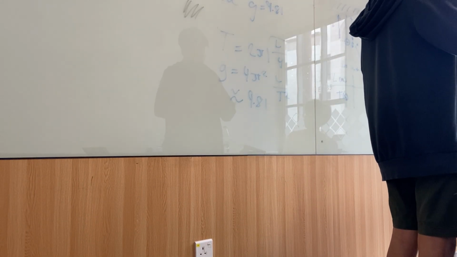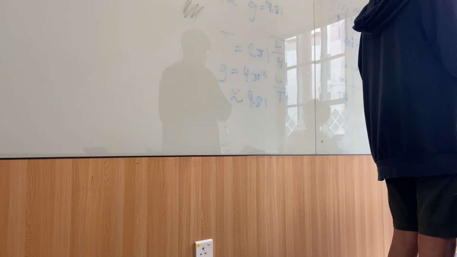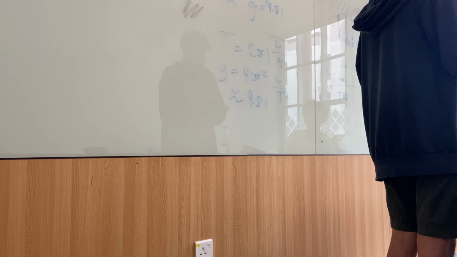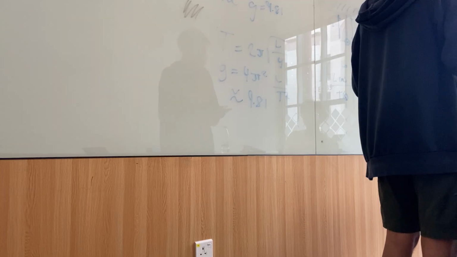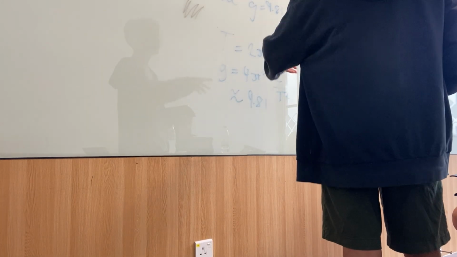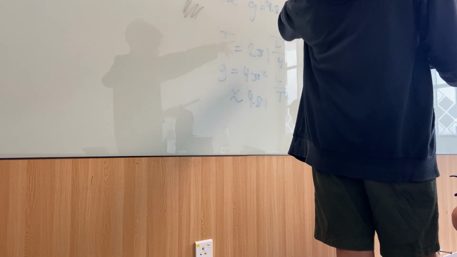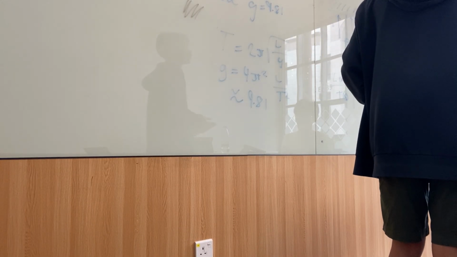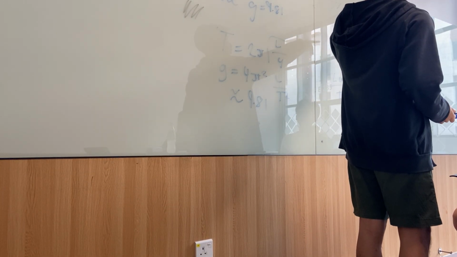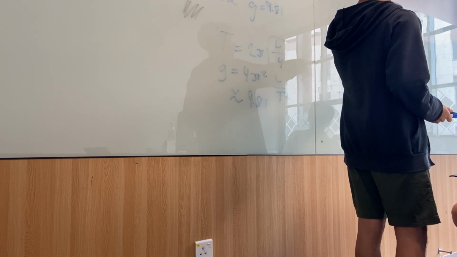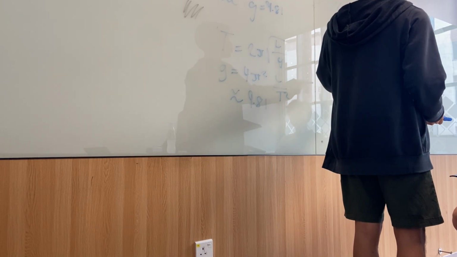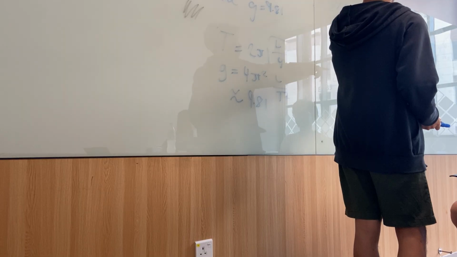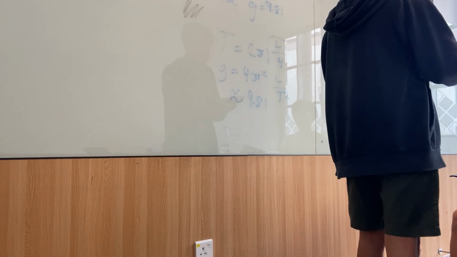So for the report, looking at the submission, we need a title. That one is already complete. Objective is to find the gravitational acceleration, and then the apparatus and materials: just string, retort stand, a ball, a timer, meter ruler to measure the string, and then a caliper to measure the ball.